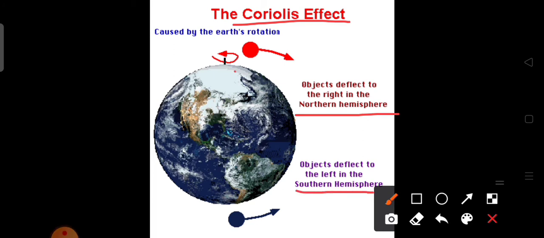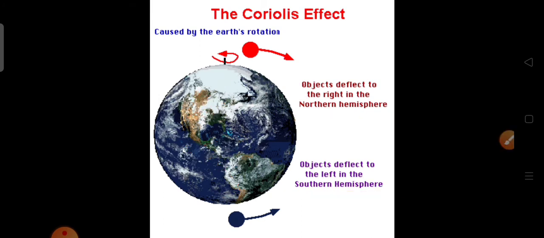So the air in the northern hemisphere deflects to the right, and the air in the southern hemisphere deflects to its left. For this reason, the atmospheric pressure is affected by the rotation of the earth.